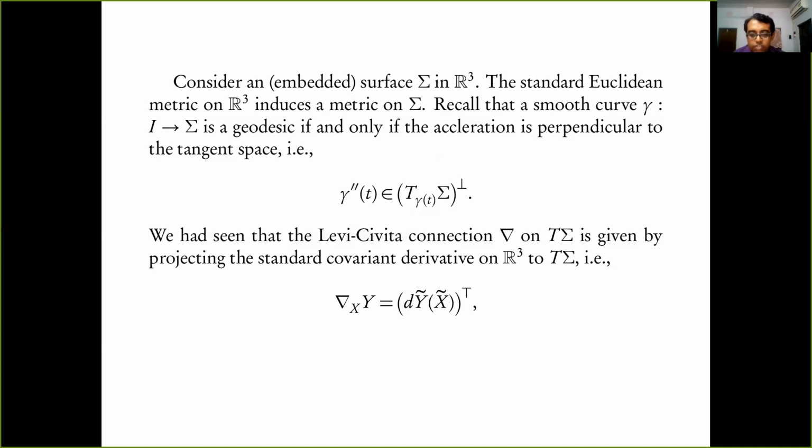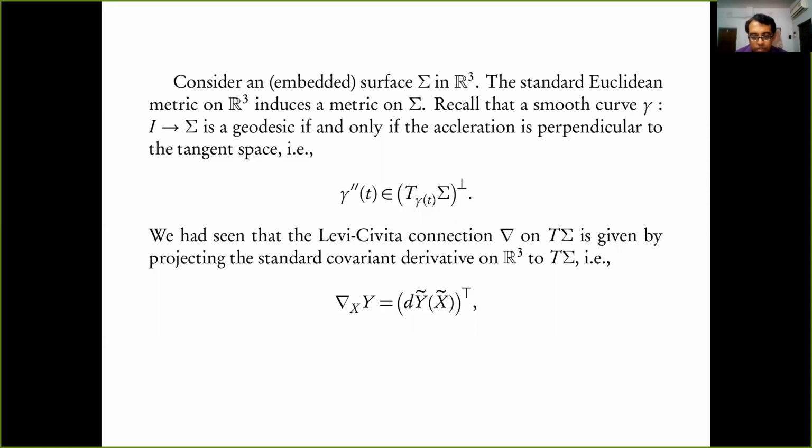So d of that is going to be a 3 cross 3 matrix because you differentiate each one of these functions with respect to x, y, and z. This matrix acts on the vector field x tilde, which again has three components. What you'll get is a vector at the end, and then you take the tangential part of this, which means you basically project it onto the corresponding T sigma at the point P.